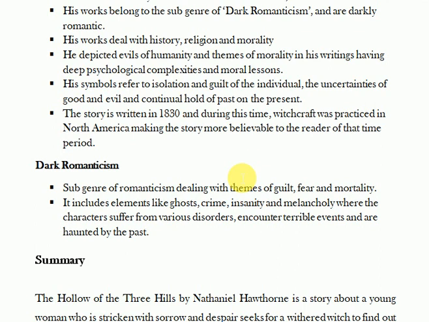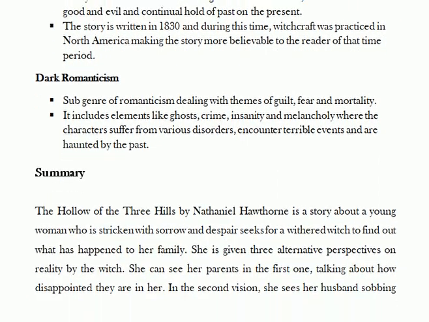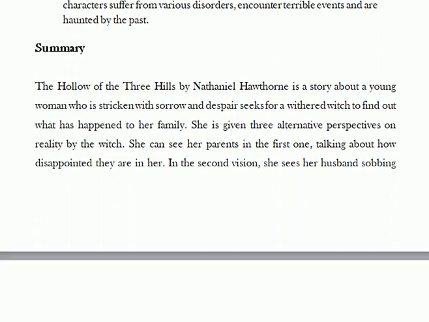It deals with themes of guilt, fear, and mortality, and includes elements like ghosts, crime, insanity, and melancholy, where the characters suffer from various disorders, encounter terrible events, and are haunted by the past. So these are some themes which are prevalent in the dark romanticism subgenre.